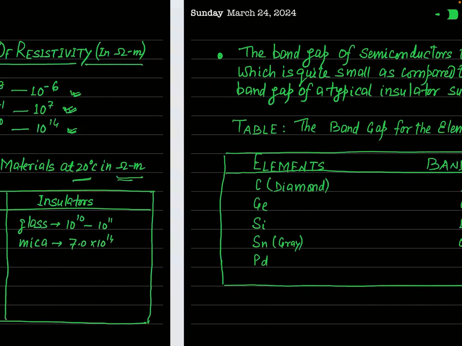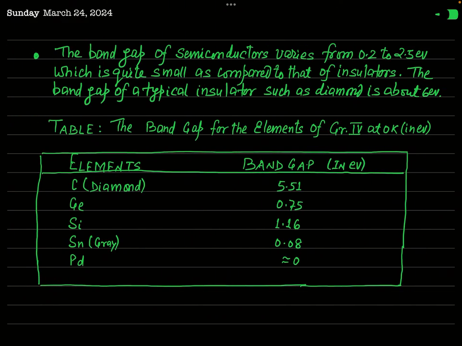Okay. Now let us see. Actually, before this lecture, we have discussed in great detail the band theory of solids, where you have also seen a specific lecture on the difference between metals, semiconductors, and insulators on the basis of band theory.